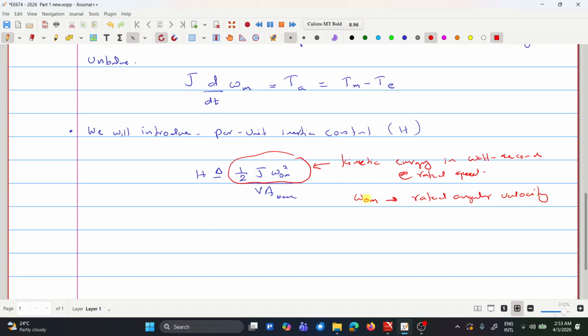The m denotes that this is the mechanical angular velocity, in mechanical radians per second, right?